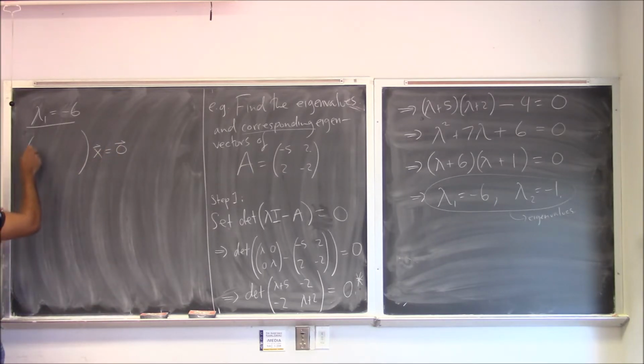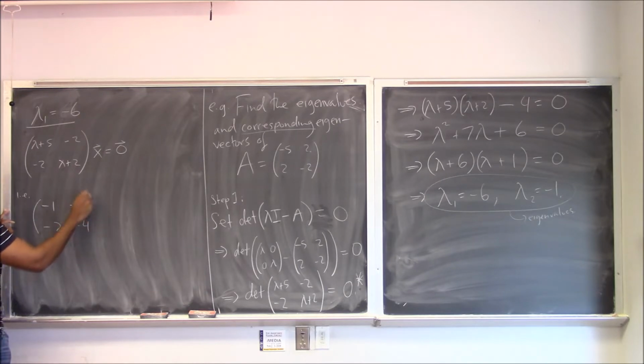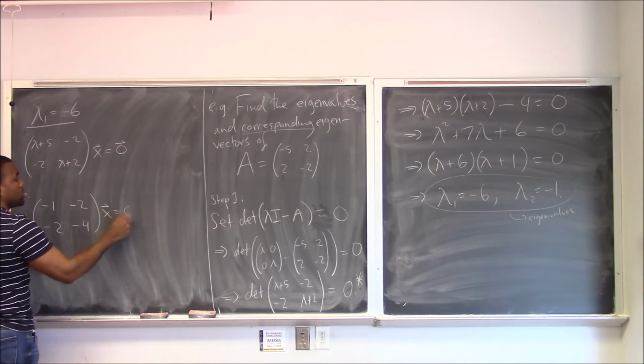So I want lambda plus 5, minus 2, and minus 2, lambda plus 2, times x to be 0, i.e. plug in the lambda. If I plug in minus 6 here, what do I get? Minus 1, minus 2, minus 2, minus 4, times x equals 0.